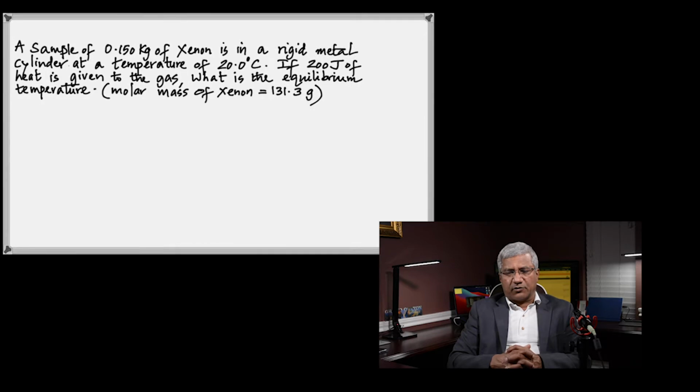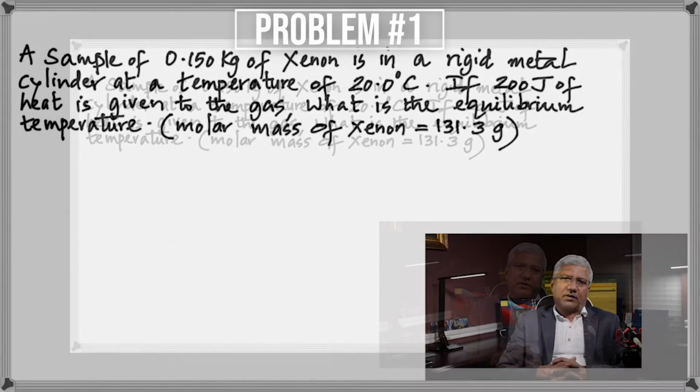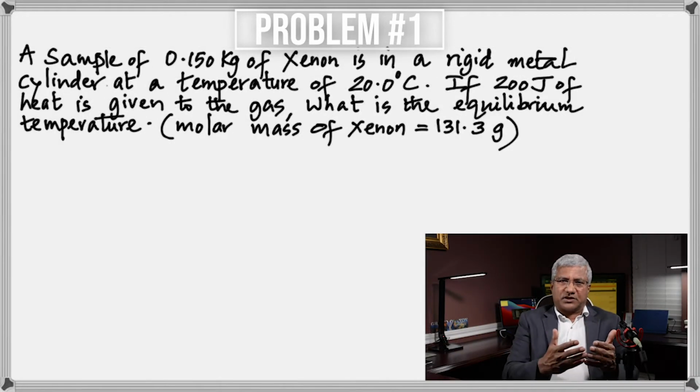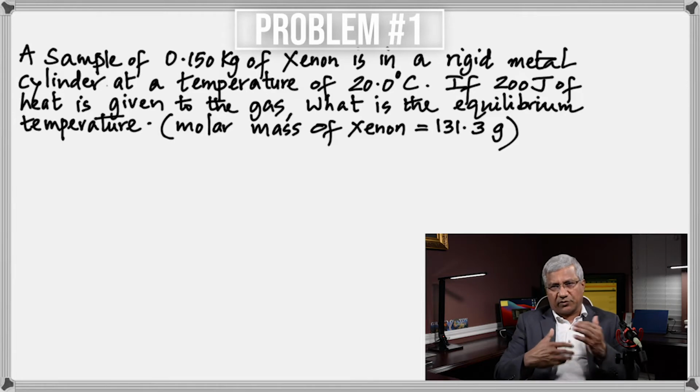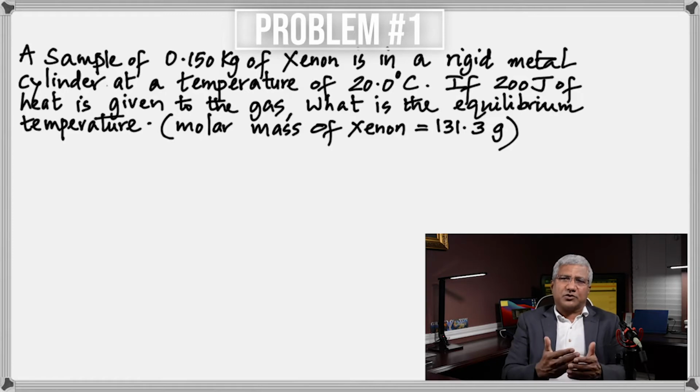What is the equilibrium temperature? When 200 joules is given, surely the temperature would increase, so we have to calculate the new temperature. First we will calculate the change in temperature, and then when we add it to 20, we will get the new temperature. The molar mass of xenon is 131.3 grams, so that is given.